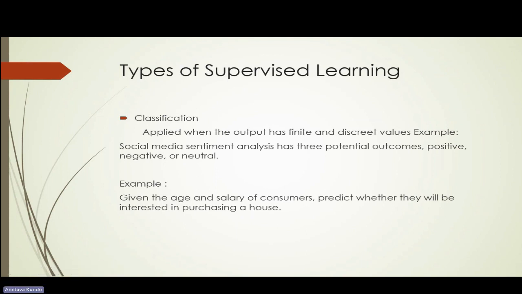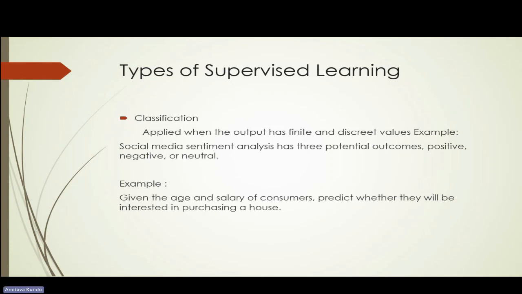So what is classification type supervised learning? What we do here is that we divide the data into binary. Let me give an example. Based on past data, we are going to predict if a person is eligible for a loan or not.